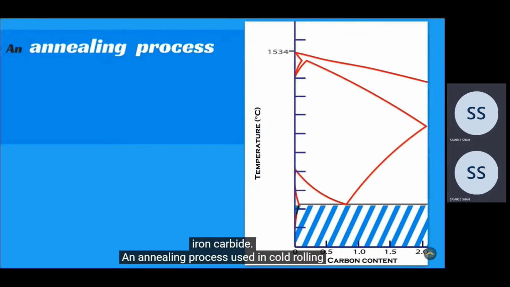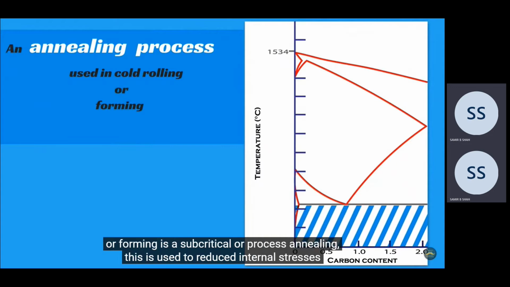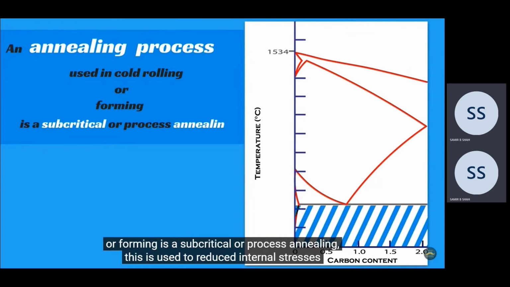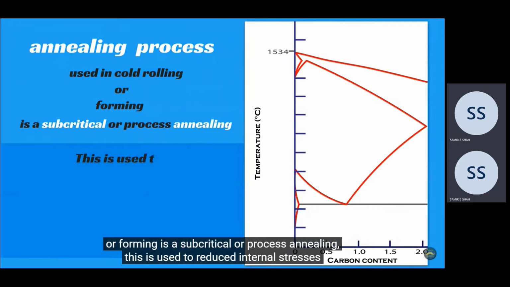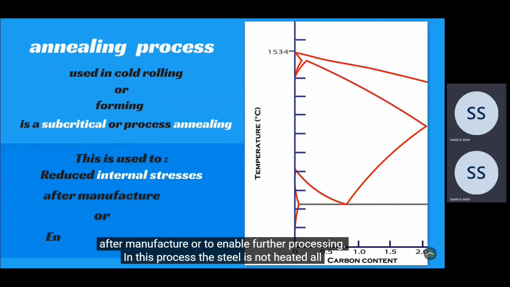An annealing process used in cold rolling or forming is subcritical or process annealing. This is used to reduce internal stresses after manufacture or to enable further processing.